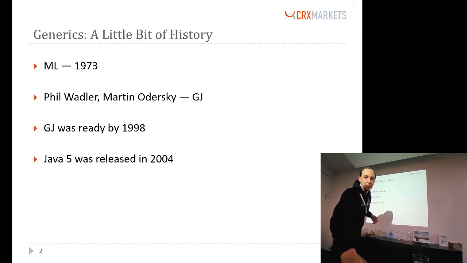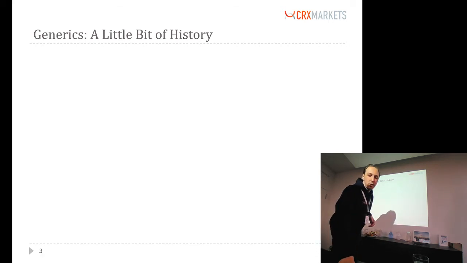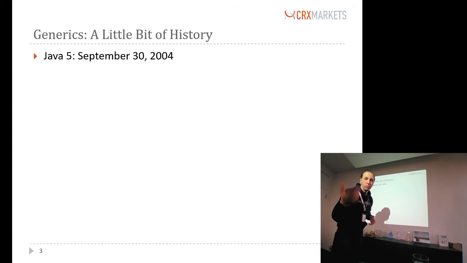Then, in 2004, some developers took the work of these guys and implemented it inside Java 5 as we know it. And mostly the generics have not changed much since then. Java 5 was released September 30, 2004.